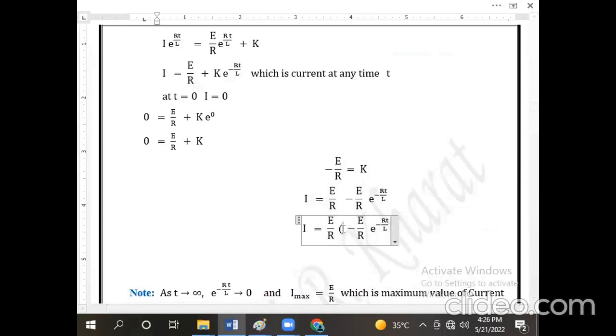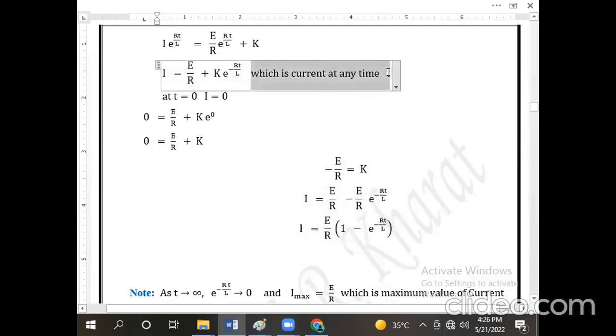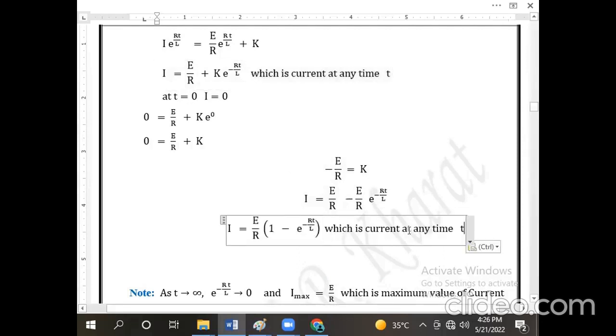So we say that there is a 1 minus this. So this is the current at any time t by applying the initial condition on this particular solution.